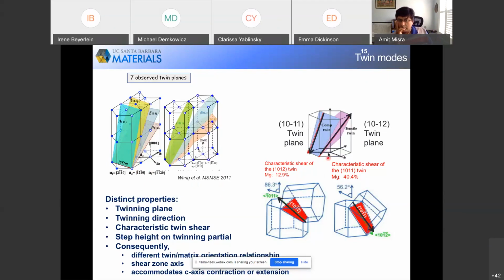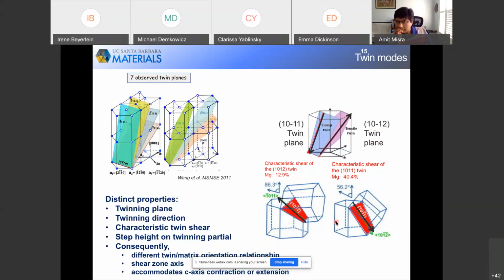So here I'm just showing, for instance, these 2 twin modes. This one activates on the 10 bar 11 plane in the hexagonal crystal structure. Here's this other one that I've been talking about, 10 bar 12. They share the same zone axis.